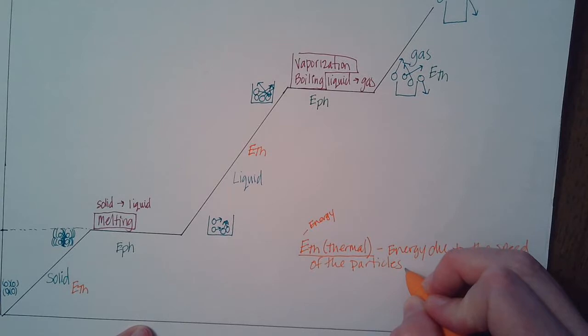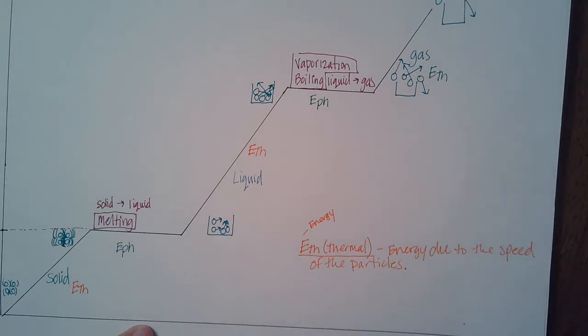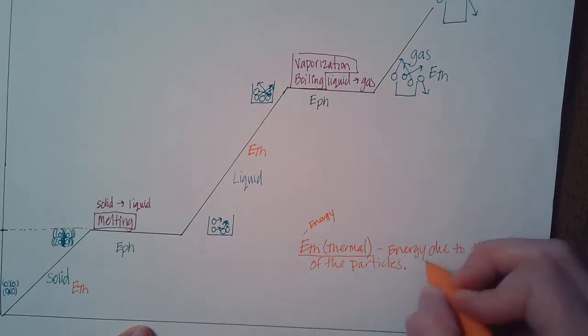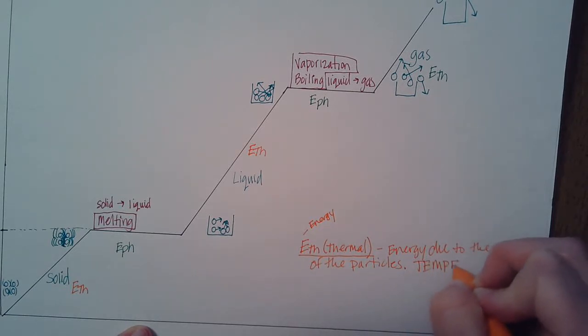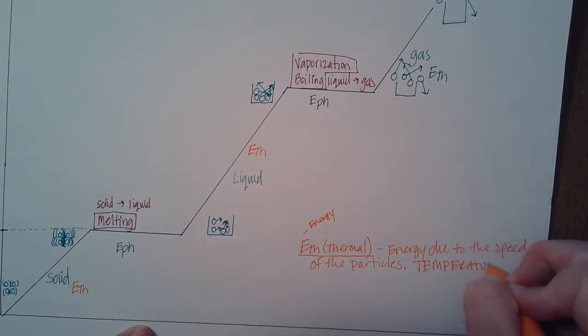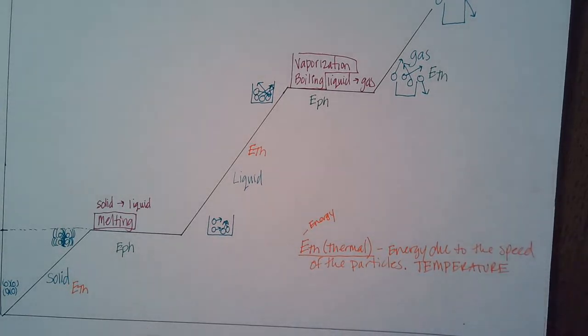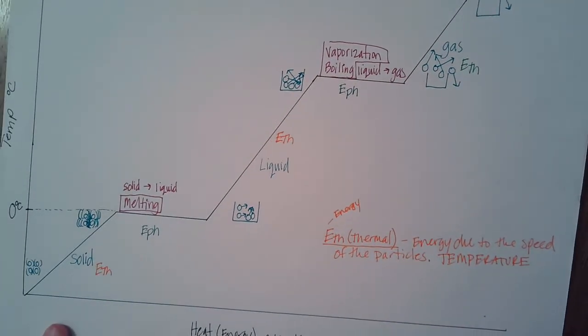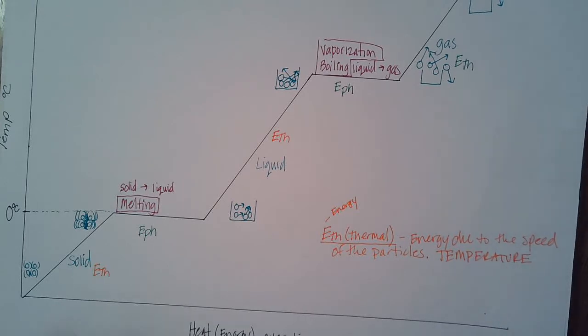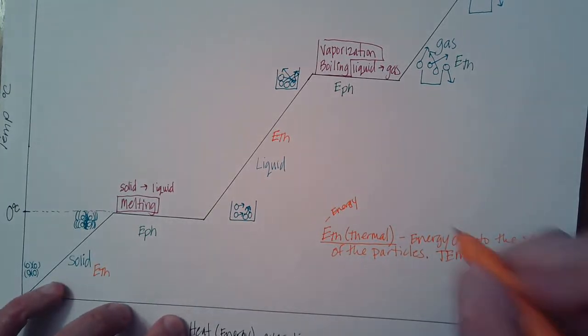This is temperature, what we know as temperature. That's E thermal energy. So if you have something that's a higher temp, it's going to be going faster. Lower temp, it's going to be going slower.